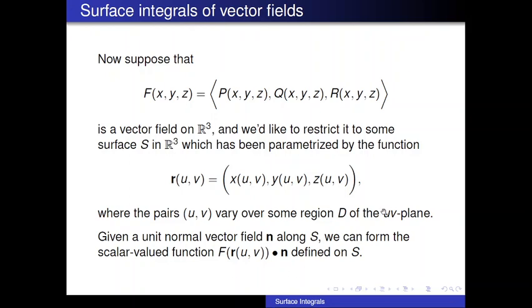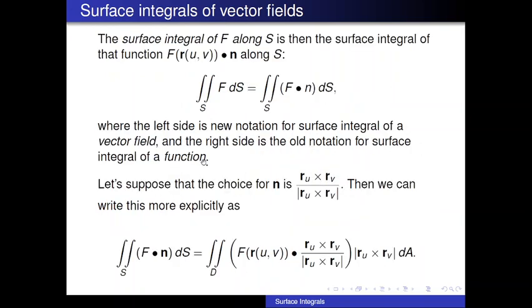And we know already how to take surface integrals of scalar valued functions defined over the surface. And so we'll do exactly that to this scalar valued function. So then the surface integral of the vector field big F along S is the surface integral of the scalar valued function that's given by F of r of uv dot product with n, the unit normal vectors.